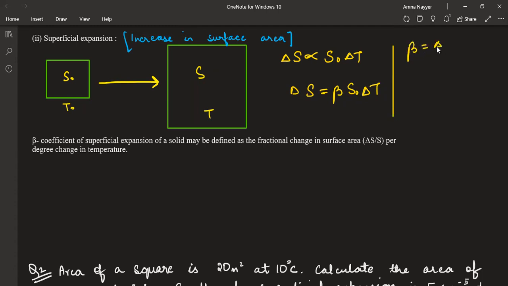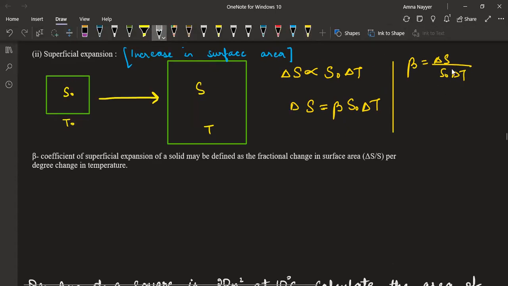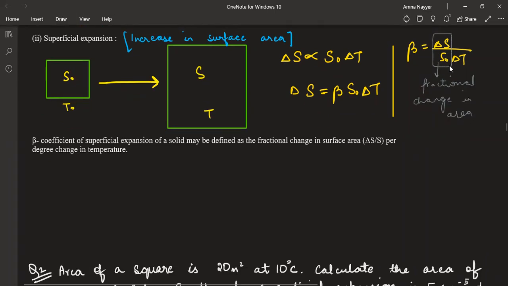Beta can be written as delta S by S naught delta T. Same thing, if you look over here, delta S by S naught is the fractional change in area. So this will be the fractional change in area per degree change in temperature.